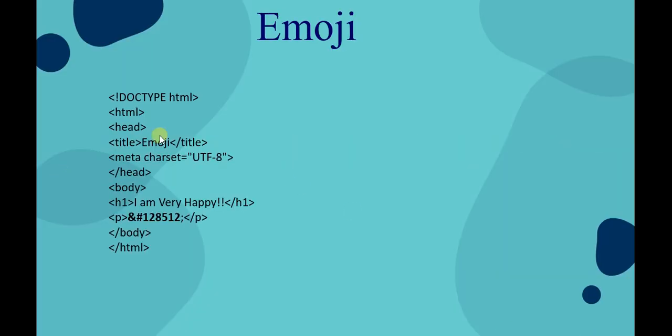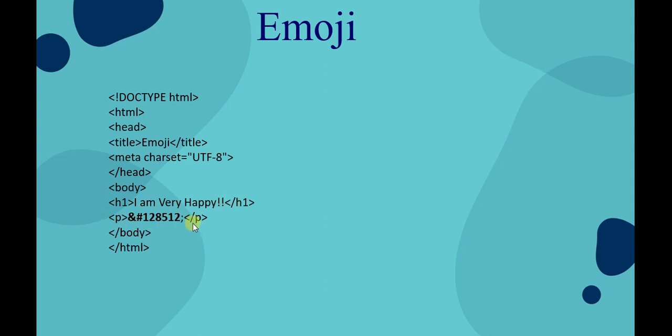Then emoji. How to insert an emoji? For emojis you can use a meta character set for encoding purposes. You want to include this tag; we have already seen the meta tag usage, so you can insert it. Then inside the body tag I give a heading like I am very happy.